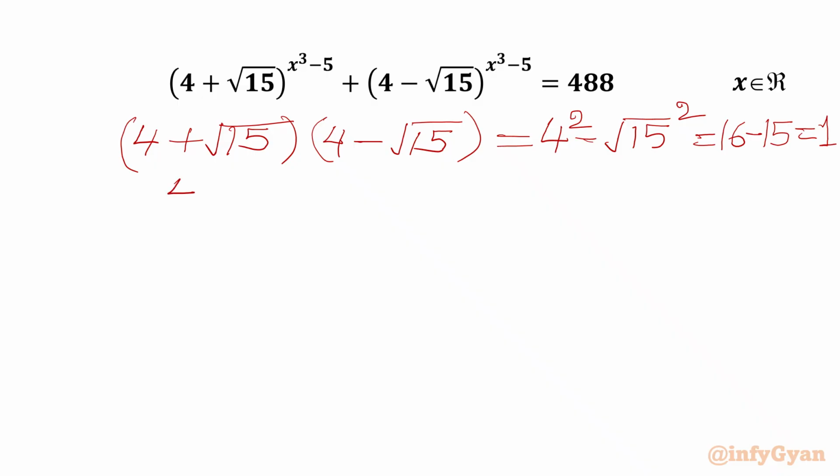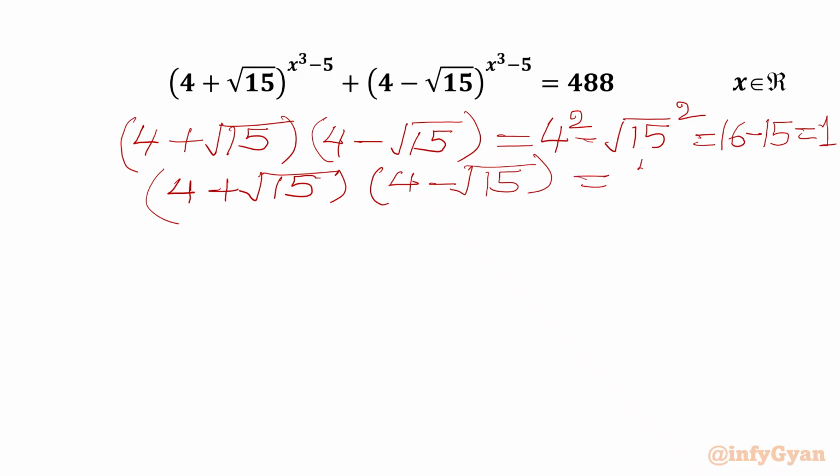Let me write here (4 + √15)(4 − √15) equal to 1. Now we will divide this equation by 4 + √15 on both sides. So we'll write here 4 + √15.